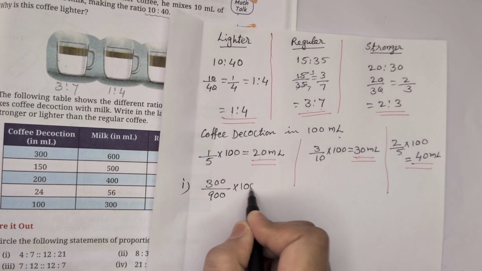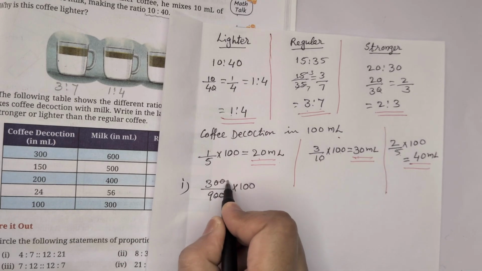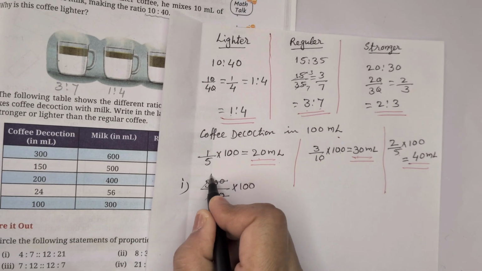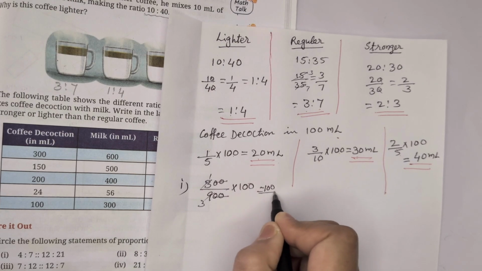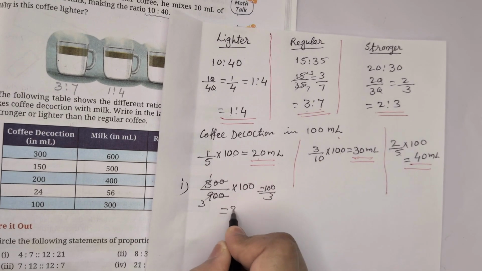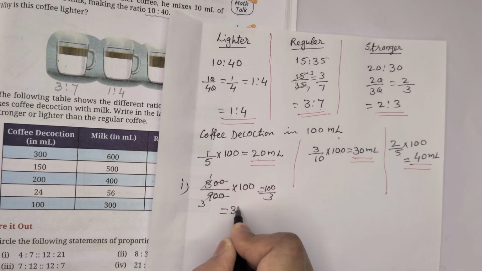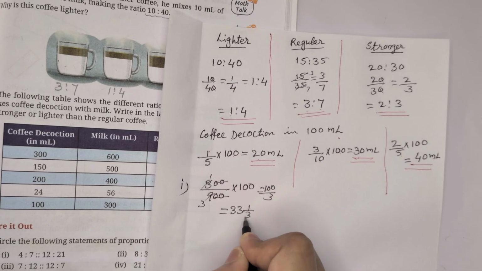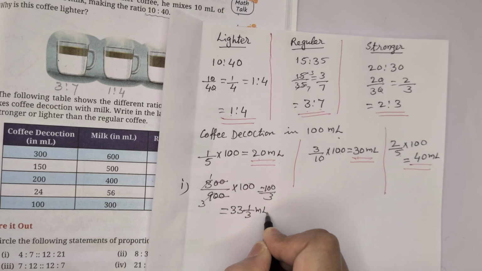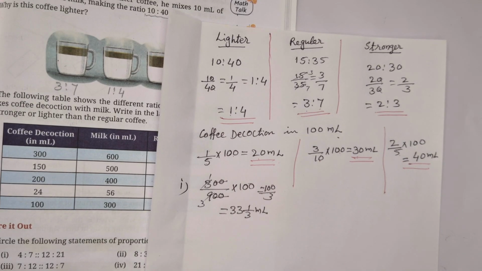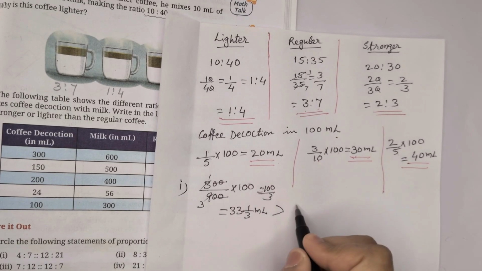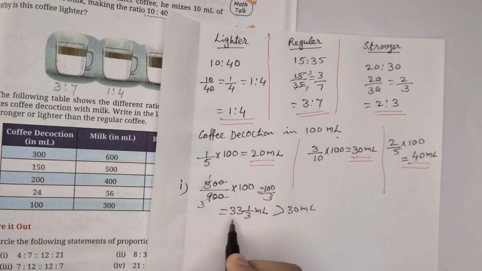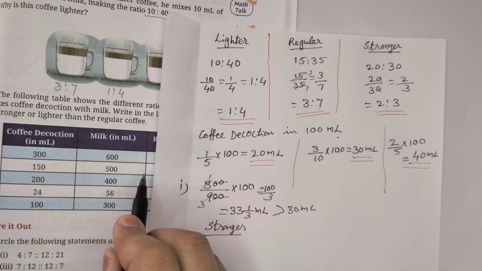So into 100, when we are dividing by 3, 100 by 3 is equal to 33 and 1 by 3. That much milliliter of coffee decoction is in that. 33 and 1 by 3 is greater than 30. That means this is stronger. First one, it is stronger.